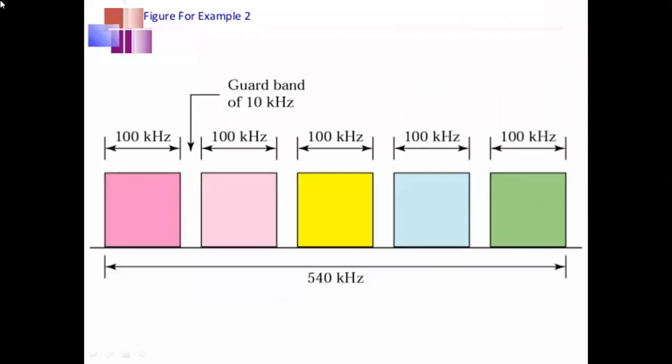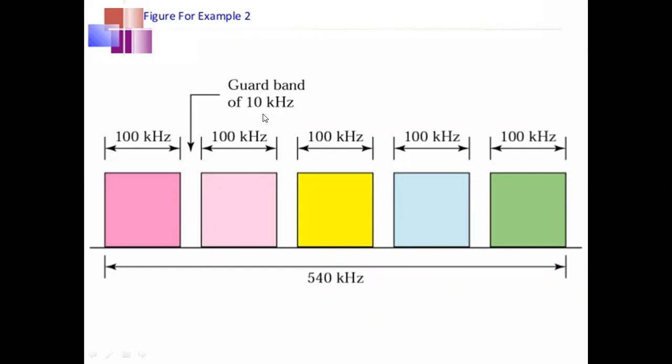Now see that. Each channel bandwidth is 100K. This red is 100K, this pink is 100K, yellow is 100K, blue is 100K, green is 100K. How many channels here? 1, 2, 3, 4, 5 channels. In between the channels, there is a guard band.